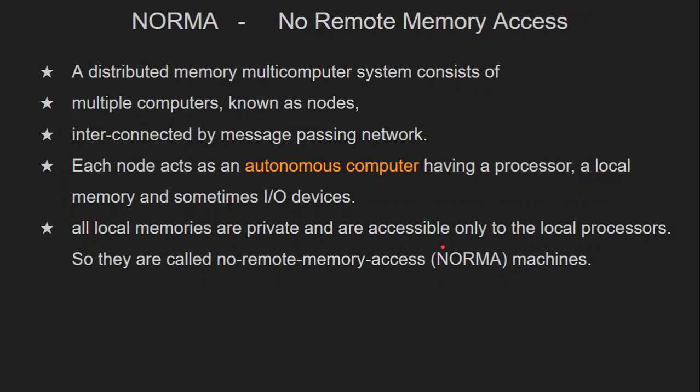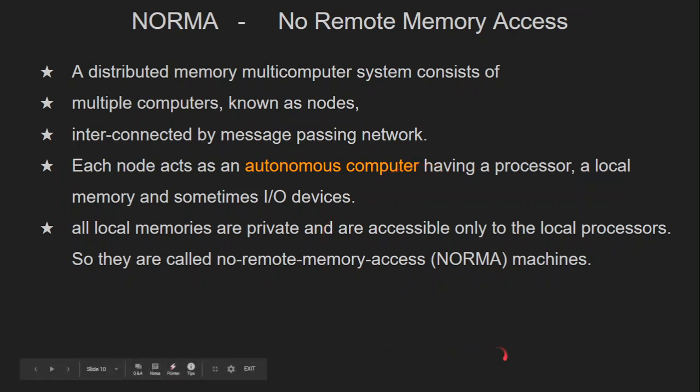That means any processor can access only its local memory and cannot access the global memory. That is called no remote memory access. The processor cannot access any memory in a remote way, because every module is defined to be an autonomous computer with its own local processor, memory, as well as devices.